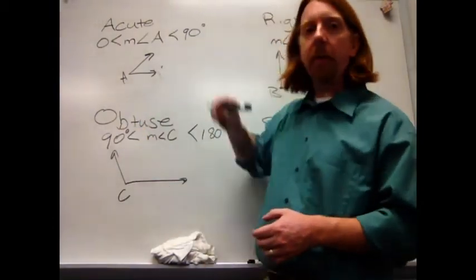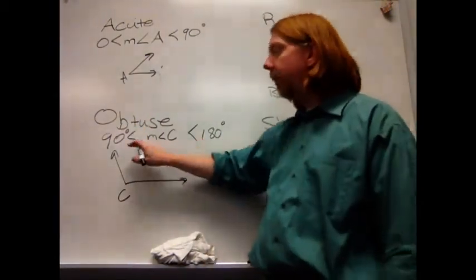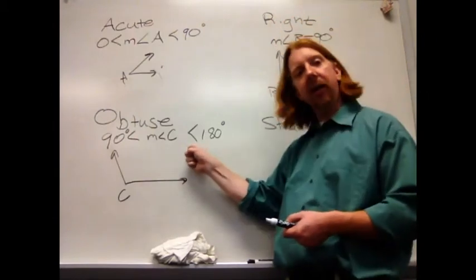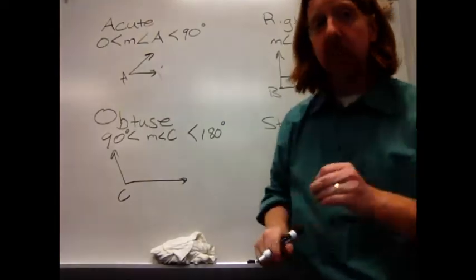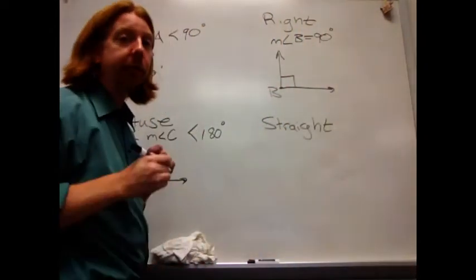Now notice that when I'm talking about these angles, I'm using the idea of 90 to 180, but they're not equal to. It's strictly less than 180, because when I get to 180, I have what's called a straight angle.